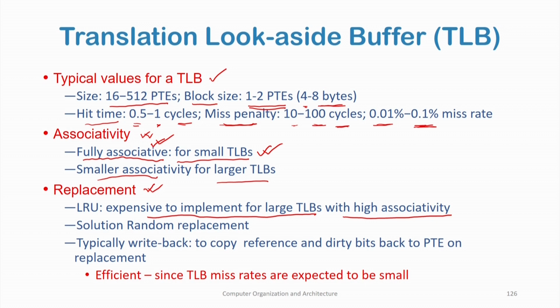I need to maintain some kind of a clock or a queue corresponding to each TLB entry, implemented in hardware, so that at any point in time I can keep track of the least recently used TLB entry.